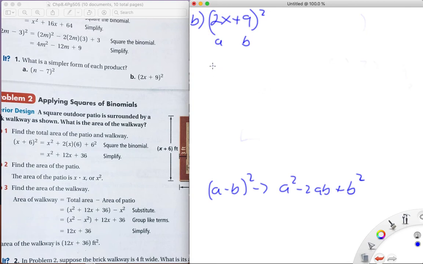Since that's my A term, I'll have to put the whole thing in parentheses, (2x) squared. So that's 2x times 2x, which is 4x squared.